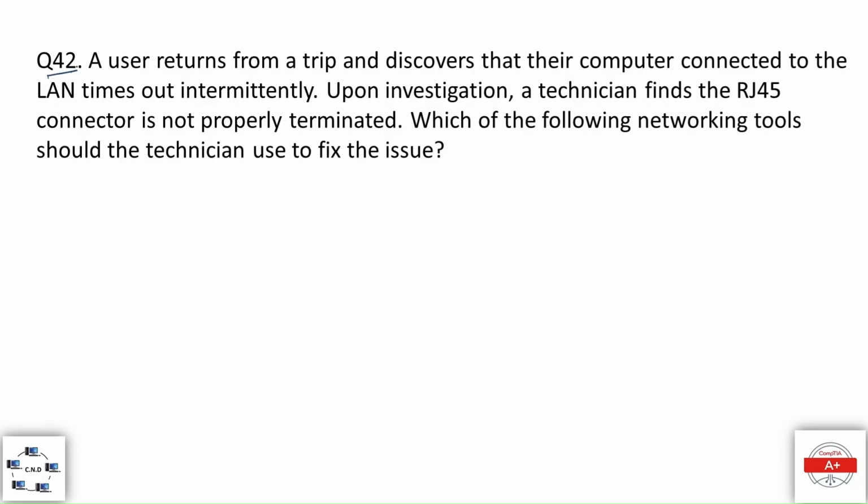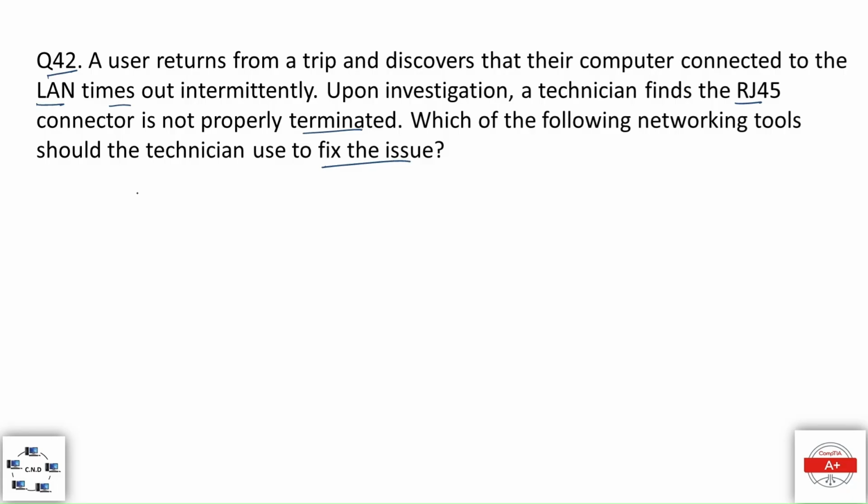Question number 42. A user returns from a trip and discovers that their computer connected to the LAN, that is, local area network, times out intermittently. Upon investigation, a technician finds the RJ45 connector is not properly terminated. Which of the following networking tools should the technician use to fix the issue?